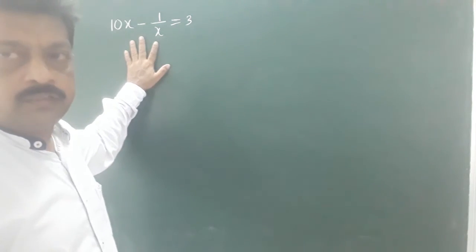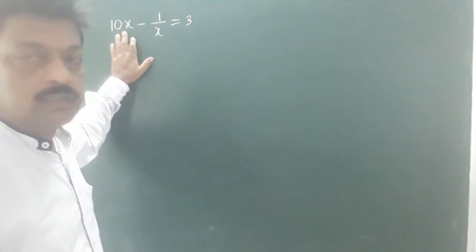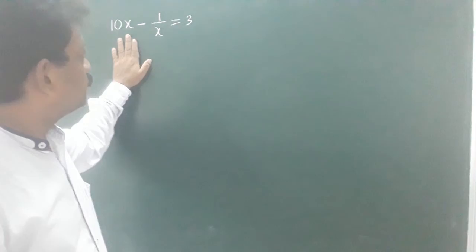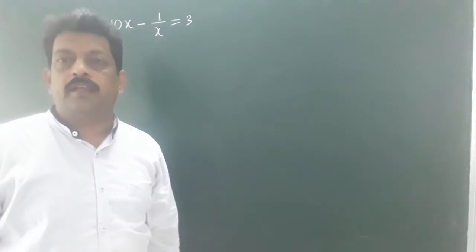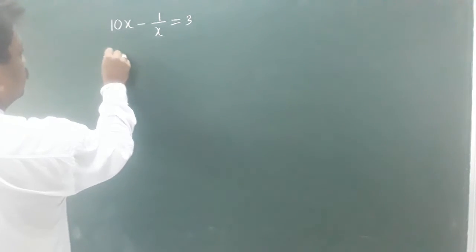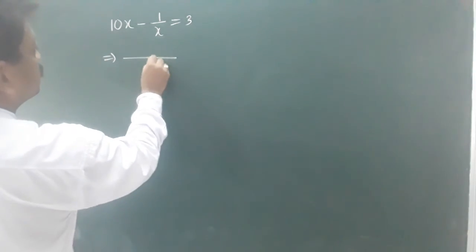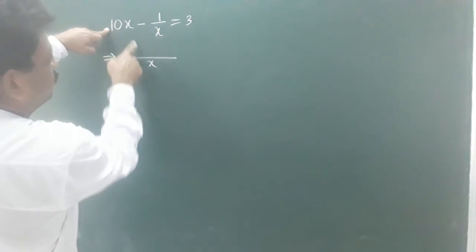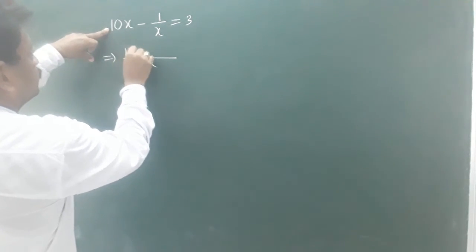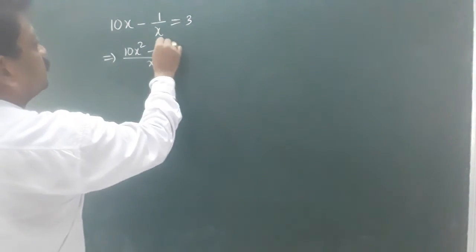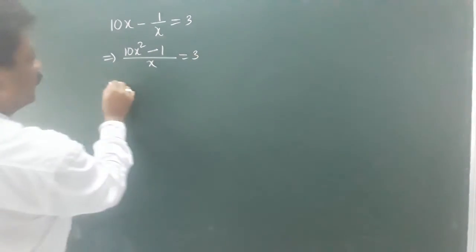Since it is a fraction and you can see a square is not there, in a quadratic equation it will be a square. So first let us see what we are getting after doing the LCM. LCM will be x, then 10x multiplied with x is 10x square, minus x cancels, so 1 equals 3.